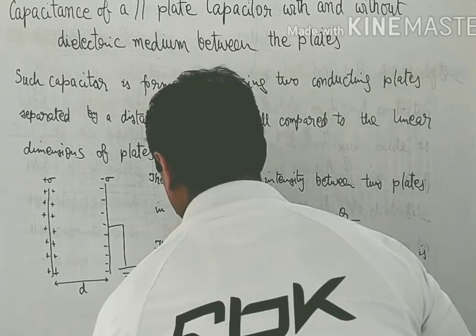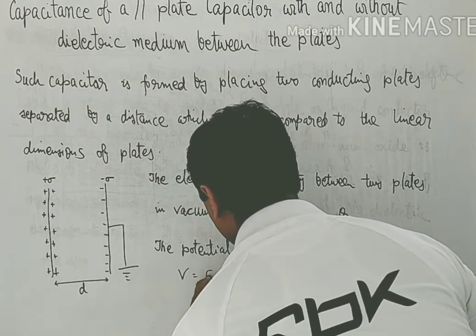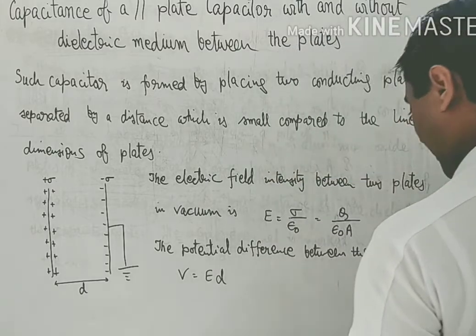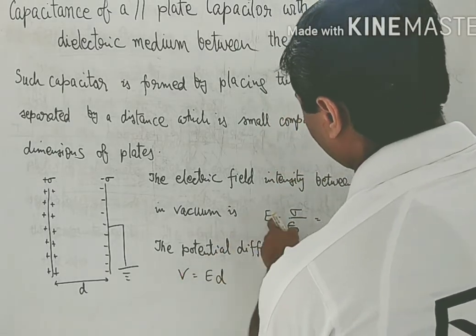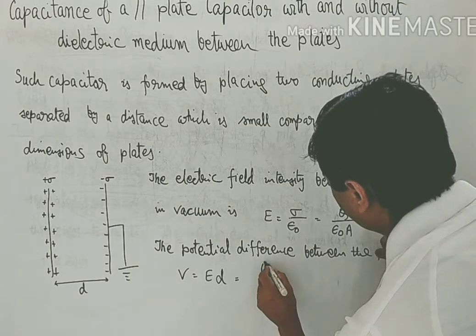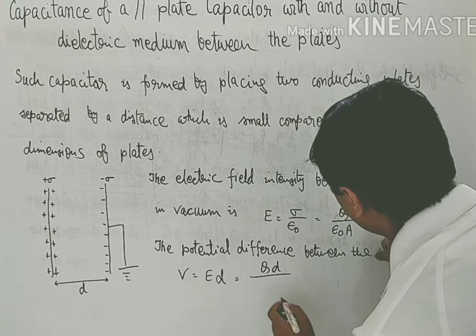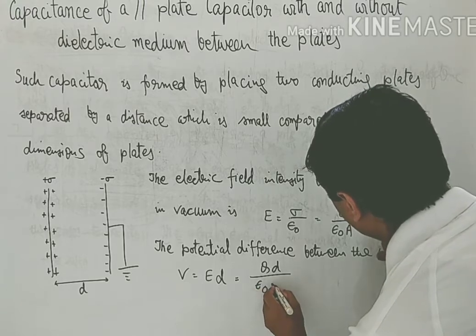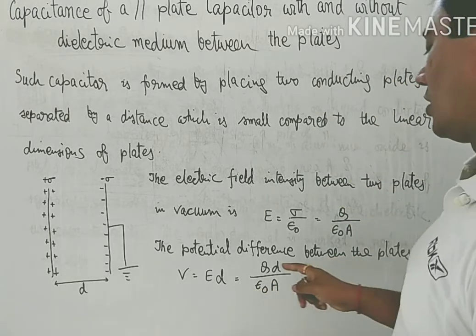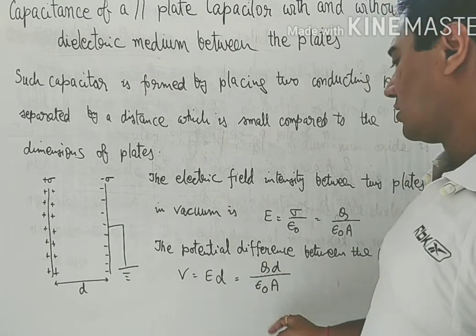How do we write electric potential? V equals E into d, and we can put this value back here. So having that, we may have V equals Q d upon epsilon naught A.